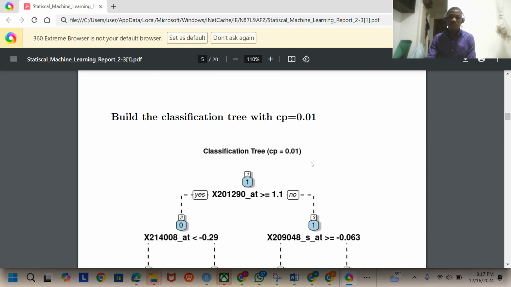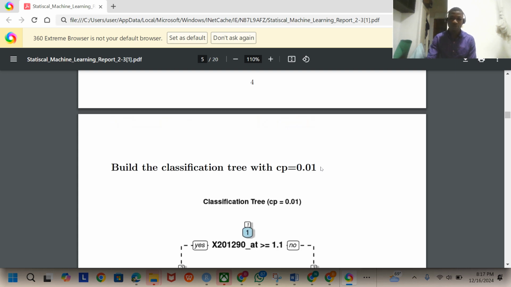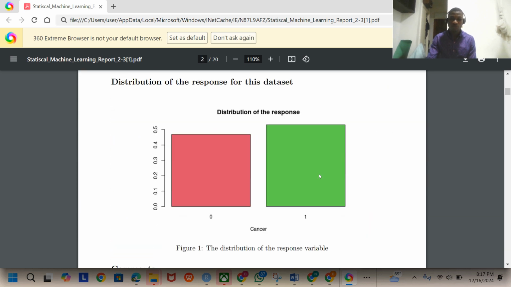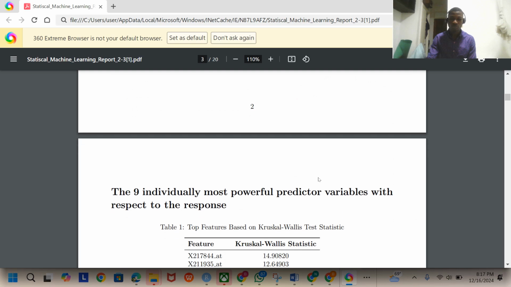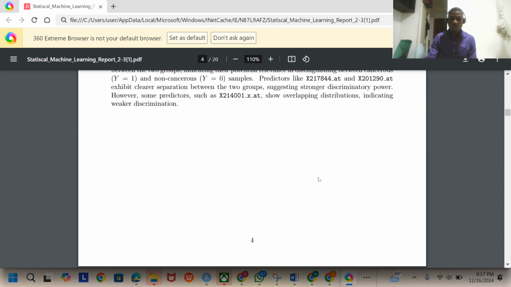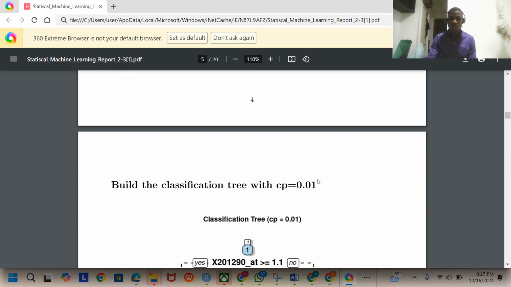Likely enough, the decision tree was able to detect this variable, and it was also part of the 9 strongest variables determined by the Kruskal-Wallis statistics previously, as shown here. So that was the root start of the decision tree.